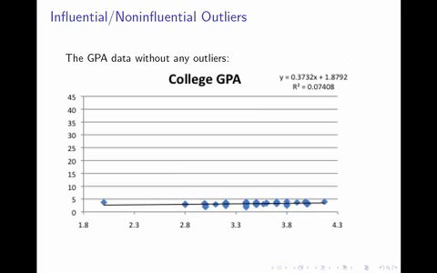The reason for that is the scale of my picture. And you should always notice the scale in any graph, especially a scatter plot, the scale dramatically influences what it looks like. You can see here my x scale is pretty reasonable, from 1.8 to a little over 4, but my y scale is ridiculous. It goes from 0 to 45.